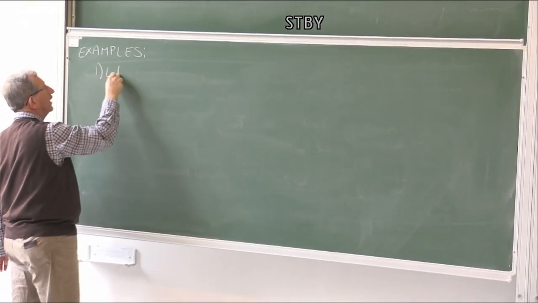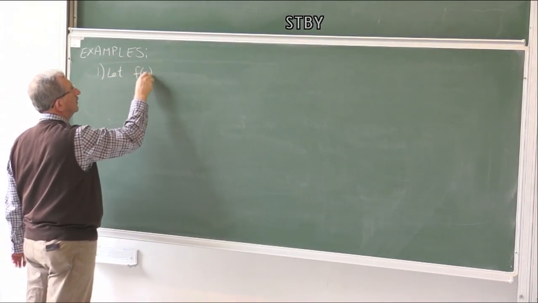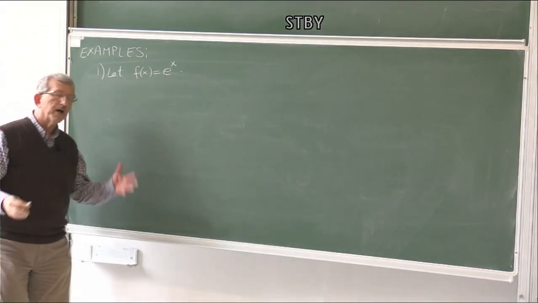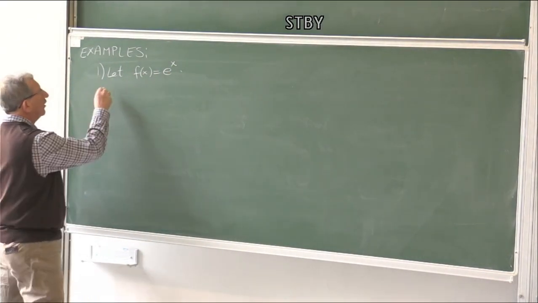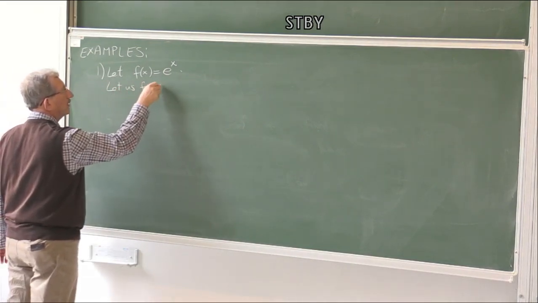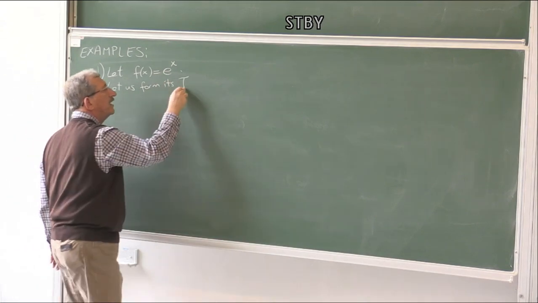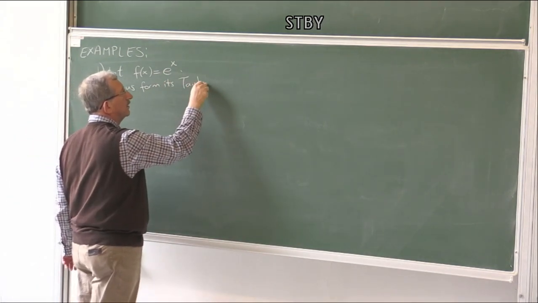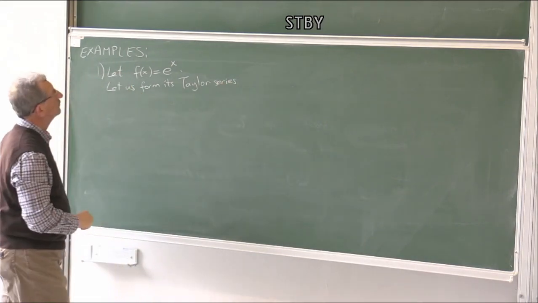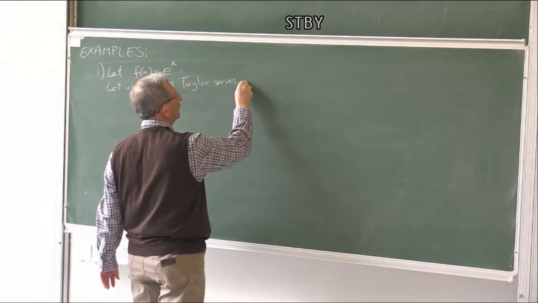Let the function be the exponential function. It's defined for every x, fine. Now let us form its Taylor series. Actually, it's the Maclaurin series.